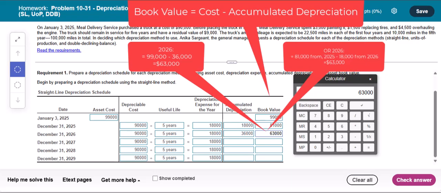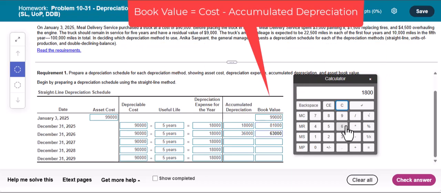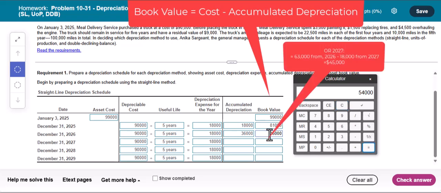And that is for the year ended 2026. And so we'll continue forward. Accumulated depreciation for this year, 2027, is going to be that 36,000 plus this next 18,000. So let's go ahead and add those together. And that equals 54,000.